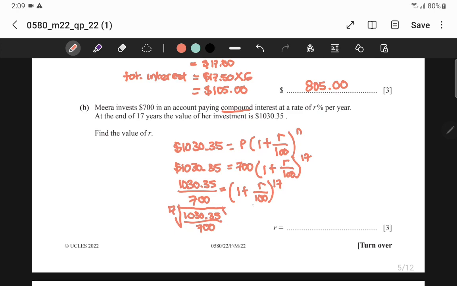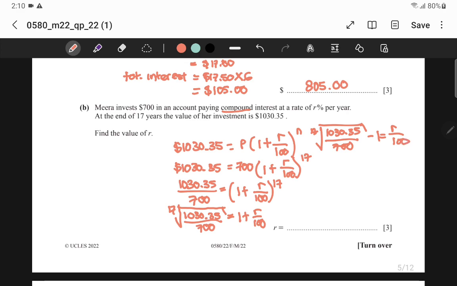Don't forget to give the closing bracket there, and then is equal to. After that, I will move the 1 to the left because this one is addition, so the 1 becomes -1. So I will write it here, the 17th root minus 1 is equal to R over 100.